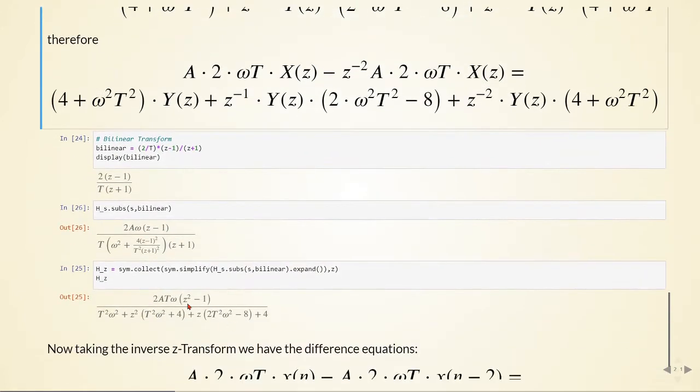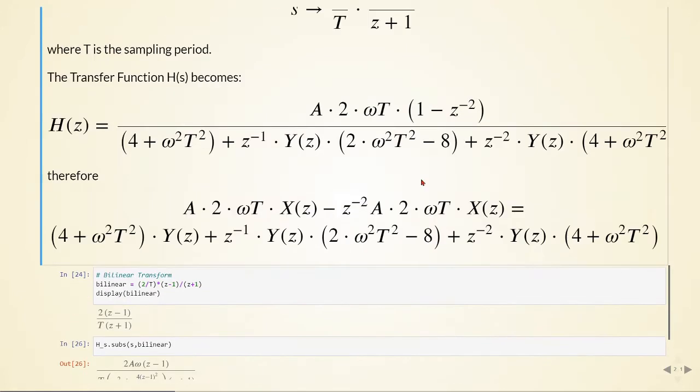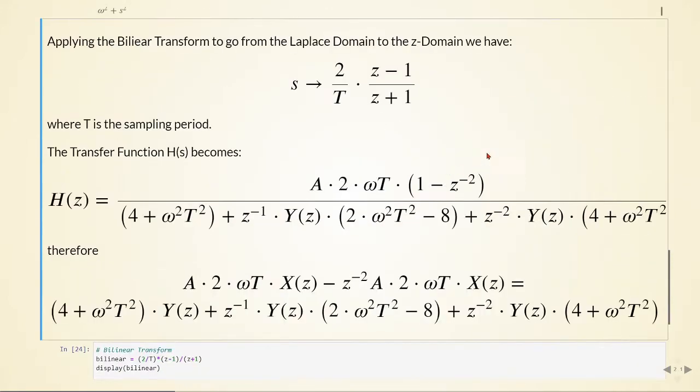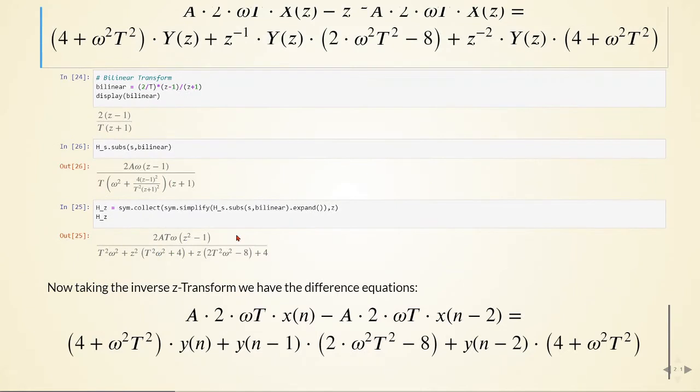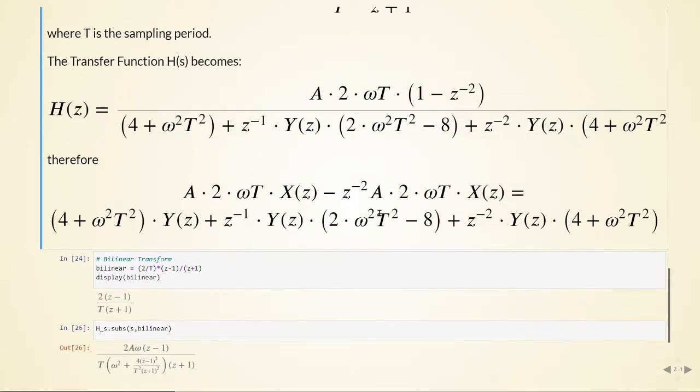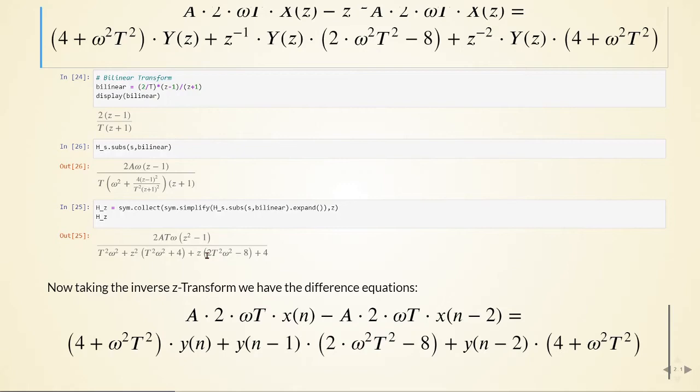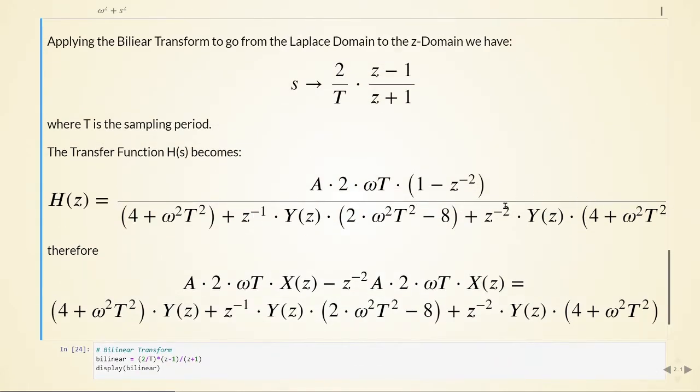So we have here 2a T omega, 2a T omega. Here we are using the negative powers for z, so z to the power minus 1, z to the power minus 2. Unfortunately, SymPy cannot work with negative exponents, but if we just divide everything here by z to the power of 2, we would get the same result here.